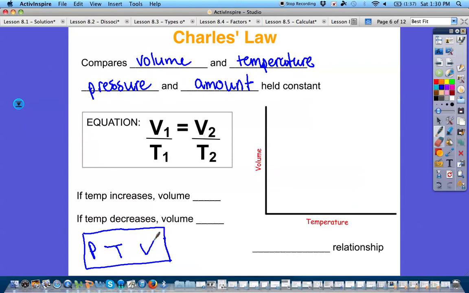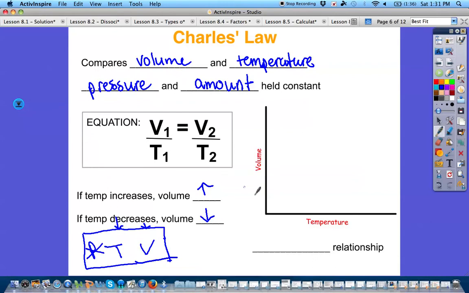So we're holding pressure constant, so we're going to put our finger over that. As temperature increases, volume is also going to increase. And if we did it the other way, so temperature decreases, volume is also going to decrease.